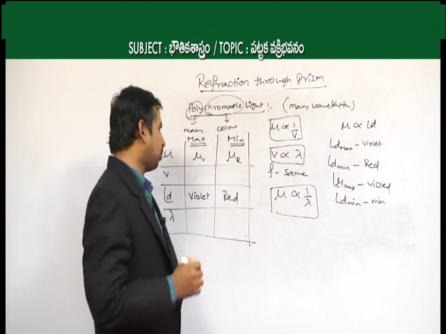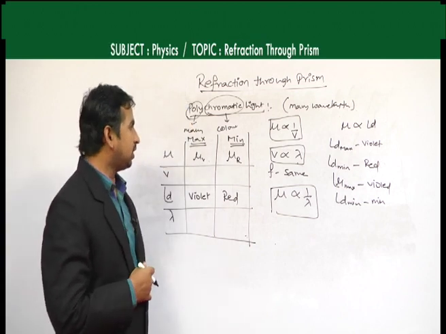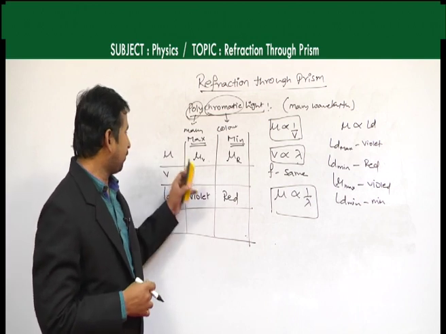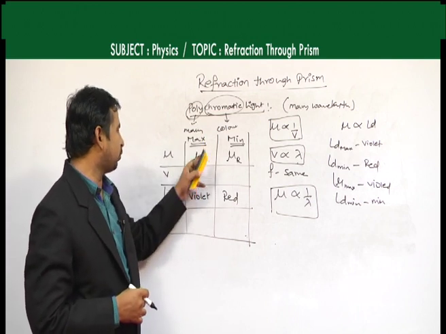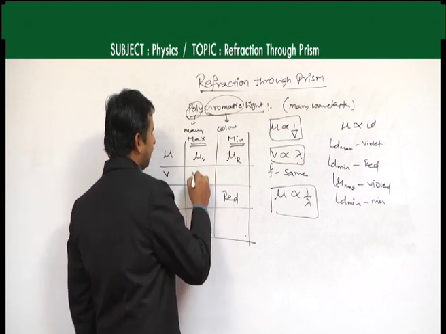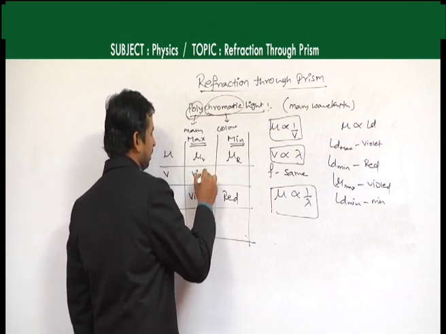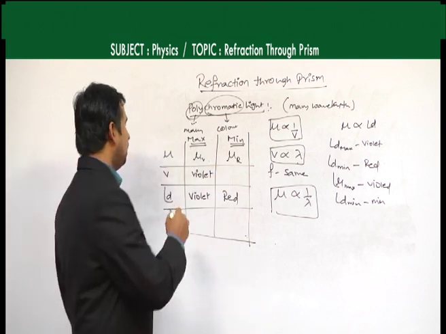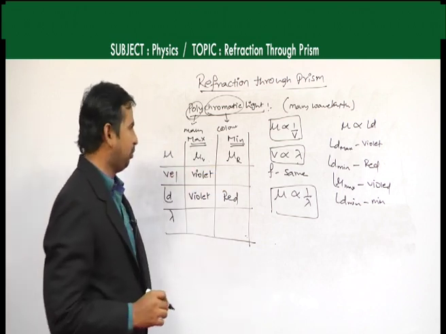If you are taking about the velocities, as the refractive index is inversely proportional to the velocity, and the refractive index is maximum for violet, the velocity of violet is minimum. This is the velocity of light in the given medium.